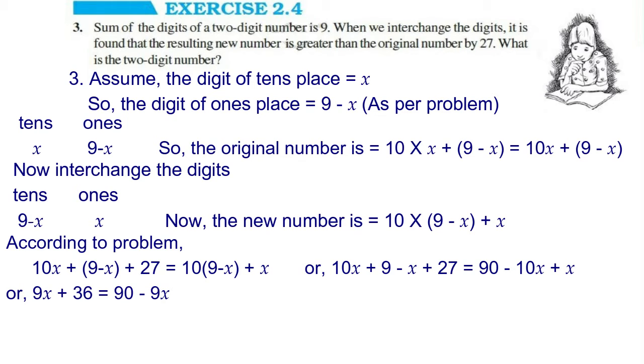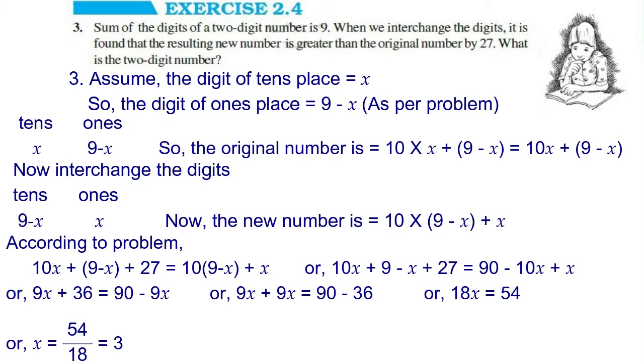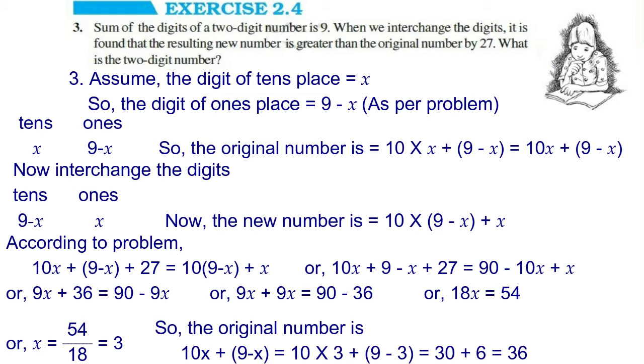Now we can write 9x + 36 = 90 - 9x. Now we separate the variables and the numbers, and we get 9x + 9x = 90 - 36, or 18x = 54, or x = 3. We assumed the original number is equal to 10x + (9 - x). Now we put the value of x and we get the original number is equal to 36.